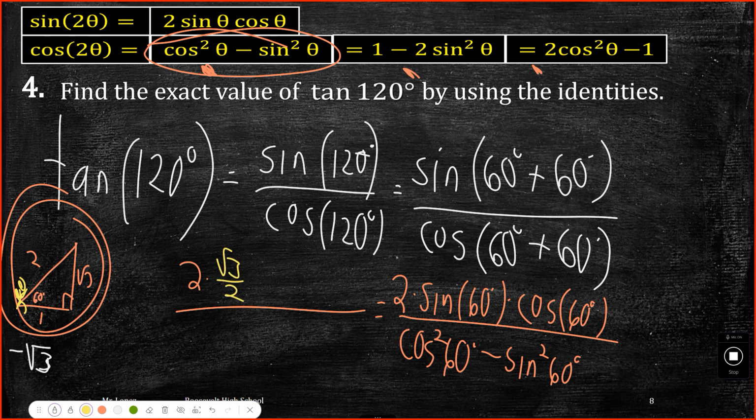I told you already that by now, this should be simple, because we've done it so much. Sine of 60 is opposite over hypotenuse, root 3 over 2. And what is cosine 60?